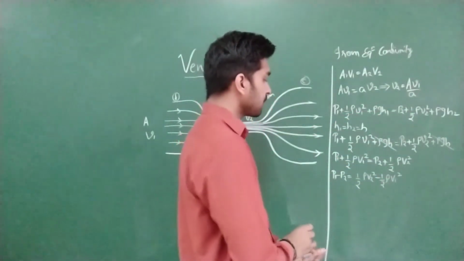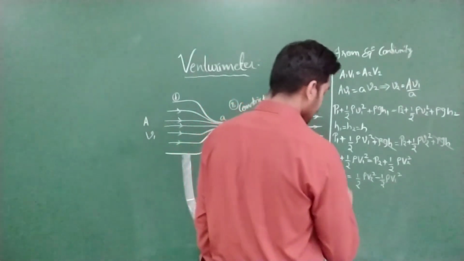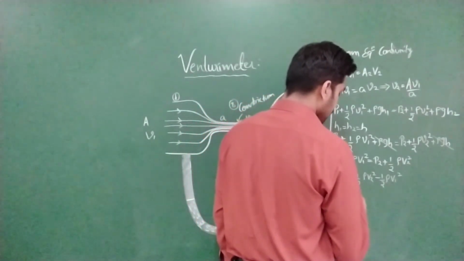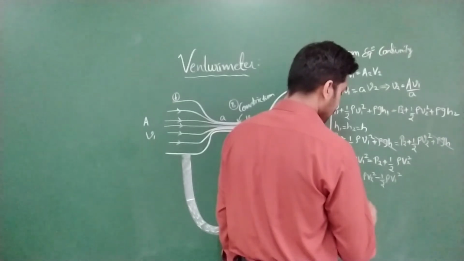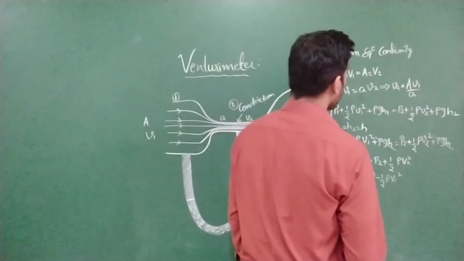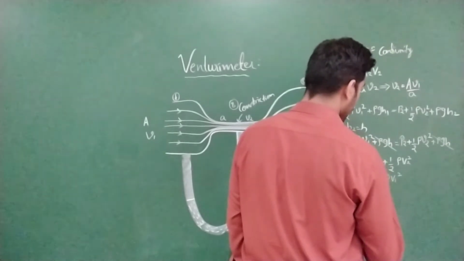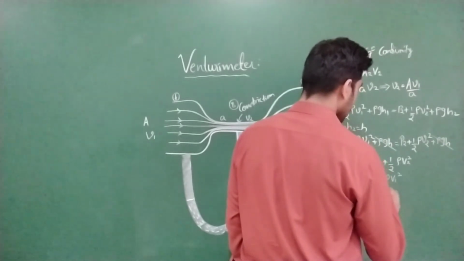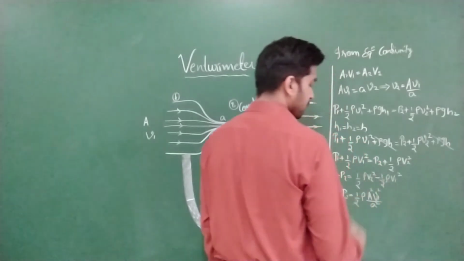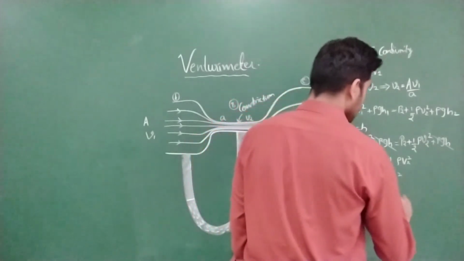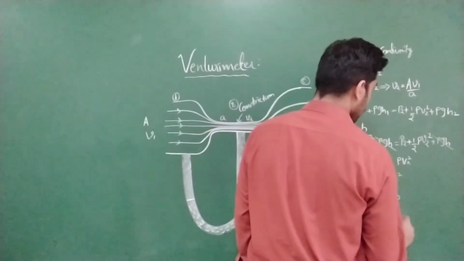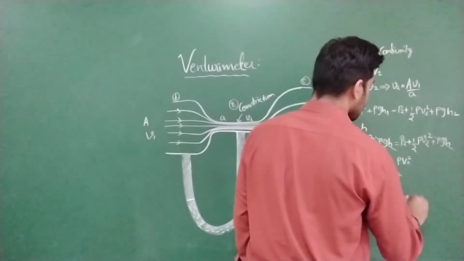If I substitute the V2 value, what will I get? P1 minus P2 is equal to half rho, V2 square means A V1 by small a, whole square, minus half rho V1 square.